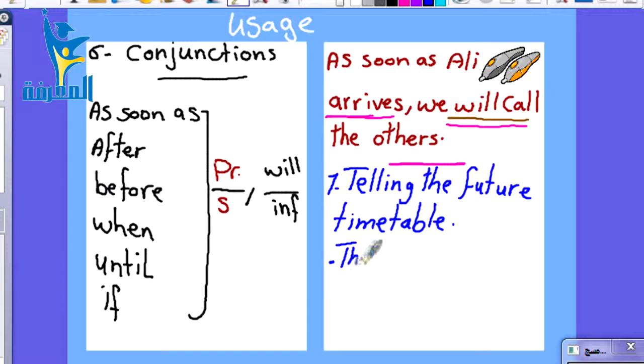The plane leaves at 9. If you are talking about the taking off of the plane or the arrival or the landing of the plane, you are talking according to a timetable. So you will use the present simple tense. So here we will use takes off.